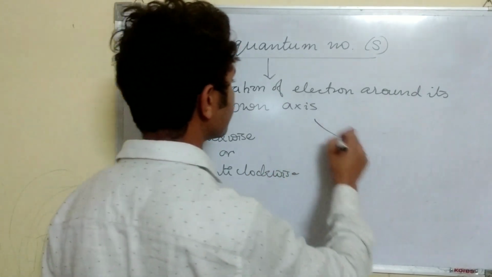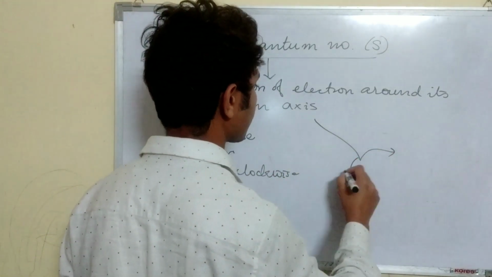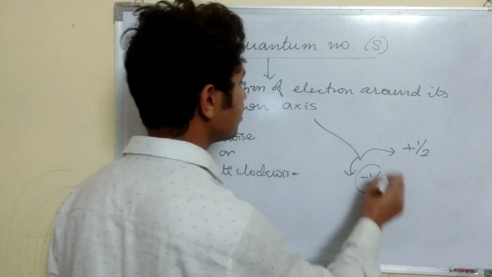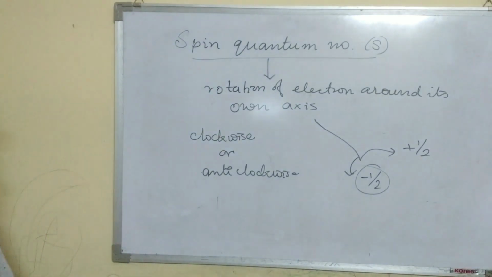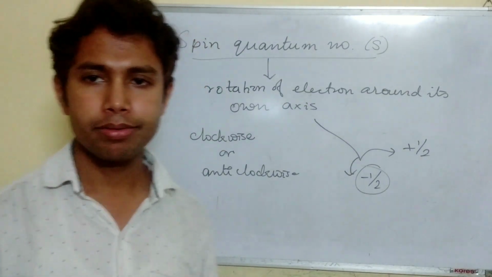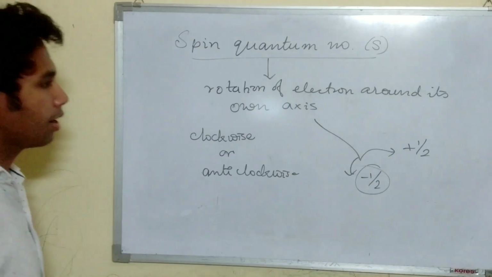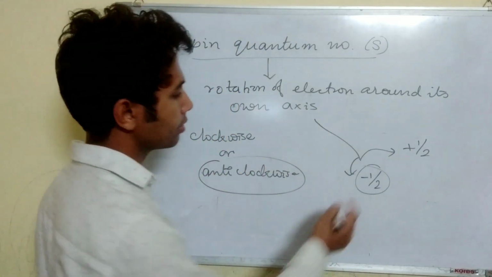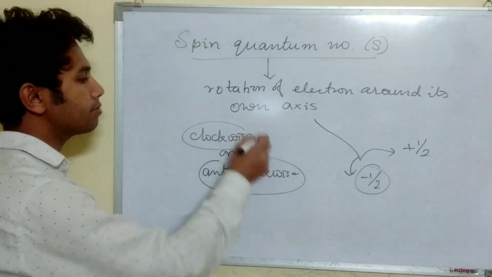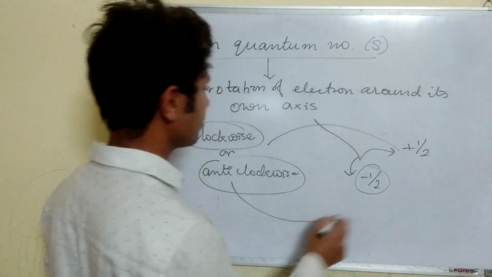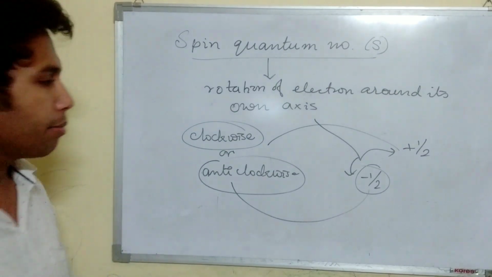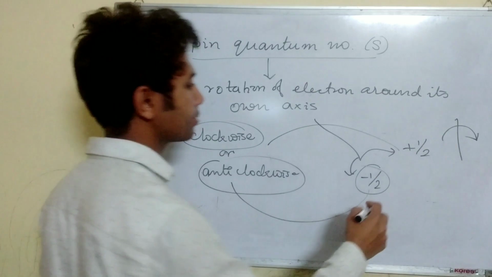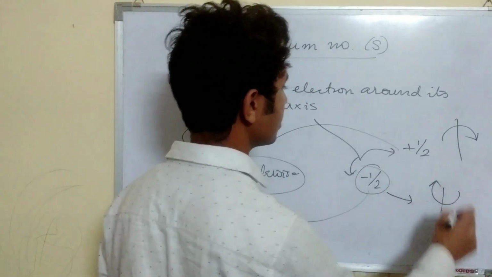If we give the clockwise spin as plus half, we have to give the spin of the electron rotating in anti-clockwise direction as minus half. Means if we give clockwise as plus half, then we have to denote anti-clockwise as minus half.